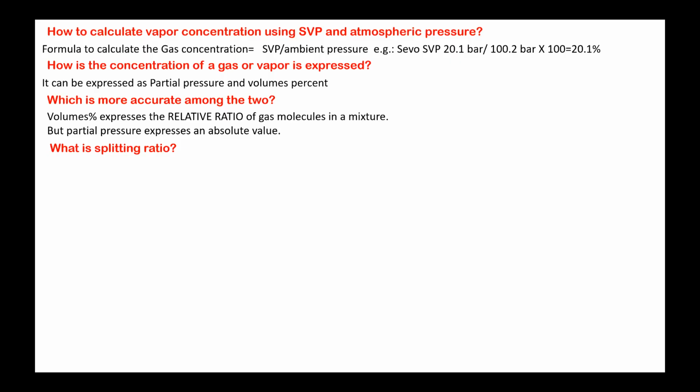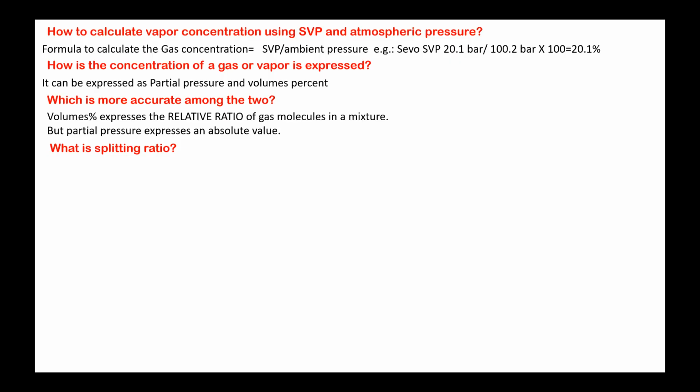If you don't switch on the sevoflurane vaporizer, the entire 2 liters will come directly out to the breathing circuit. On the contrary, when you switch it on, part of this 2 liters will go into the vaporizer, pick up the sevoflurane vapor and join the rest of the gases at the outlet, and then come to the patient through the breathing circuit.